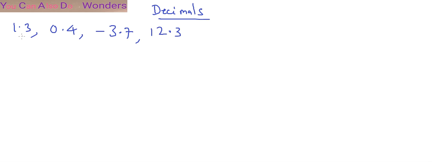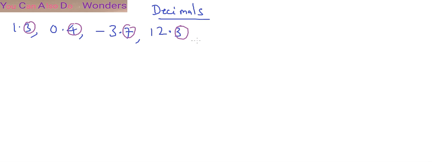For example, all these decimal numbers have only one decimal place. That is, the number of digits after the decimal point. So here 1, here also 1, 1, 1.